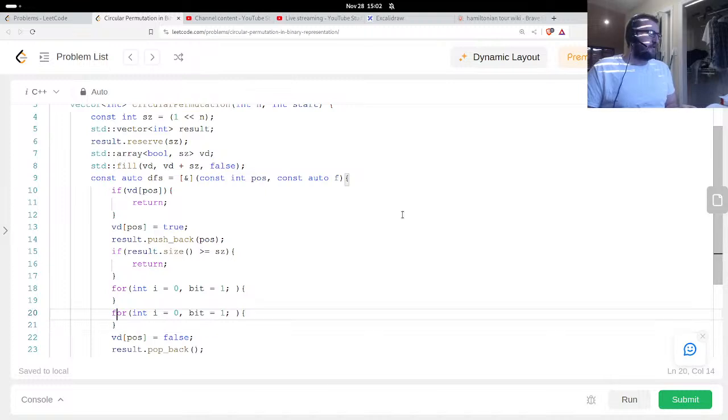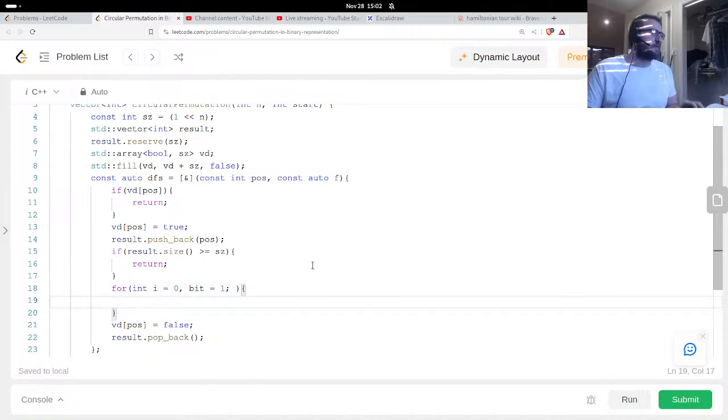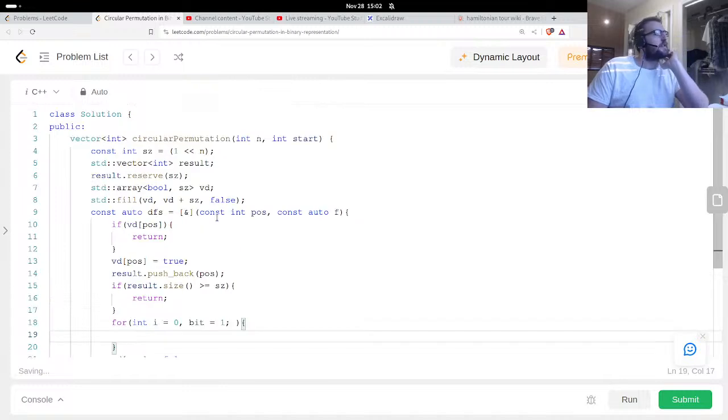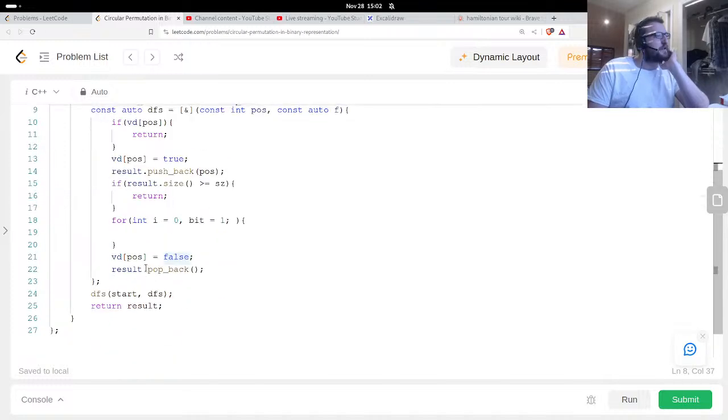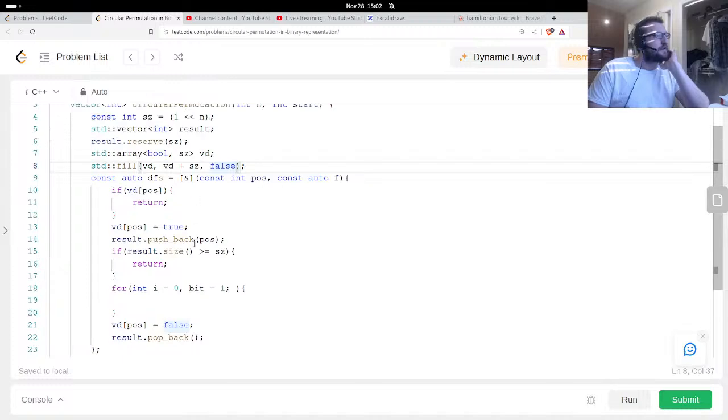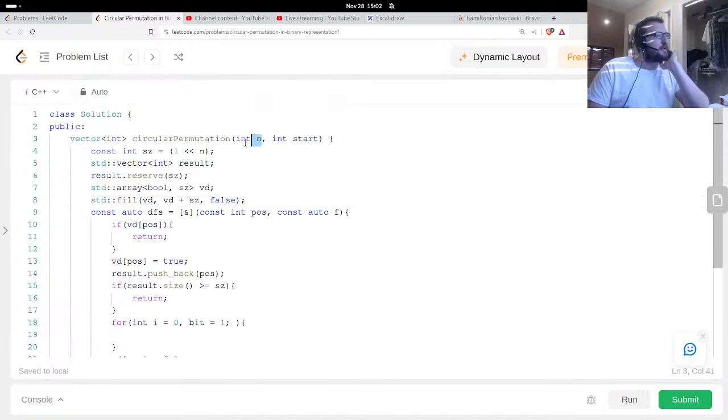Actually, it's just going to be flip the bits, right? Differing by 1 bit means it just flips the bit. So it could be, starting position. n is the number of bits, right?